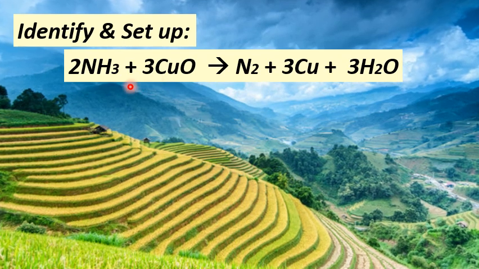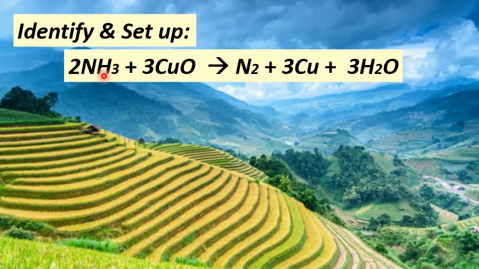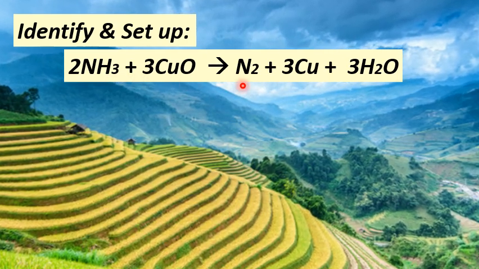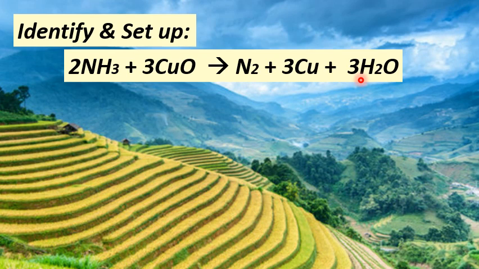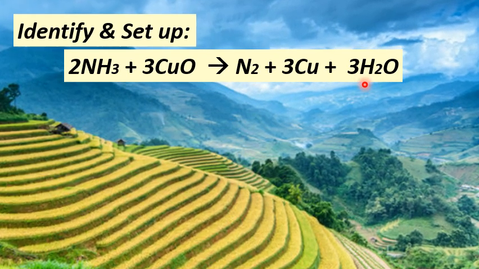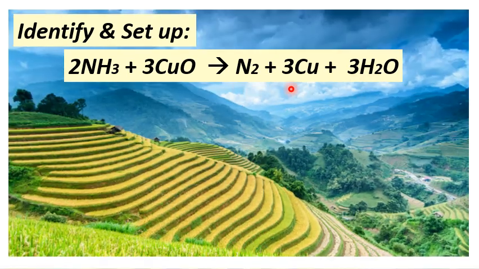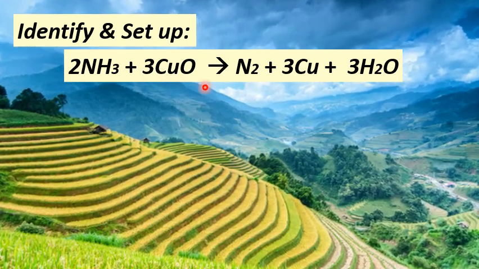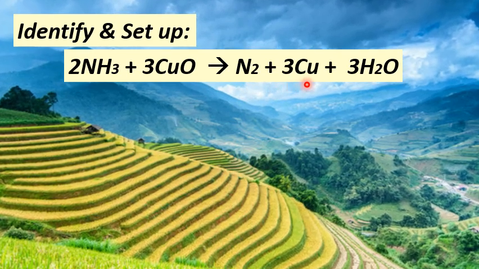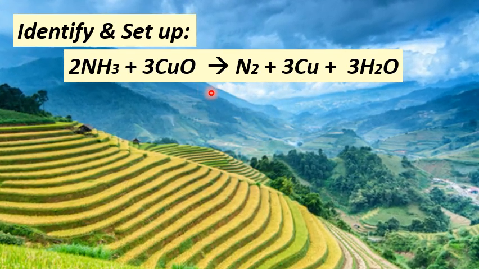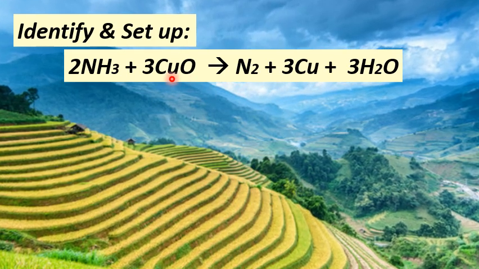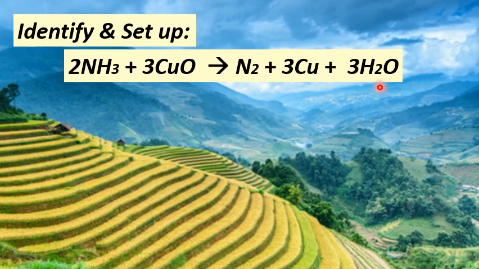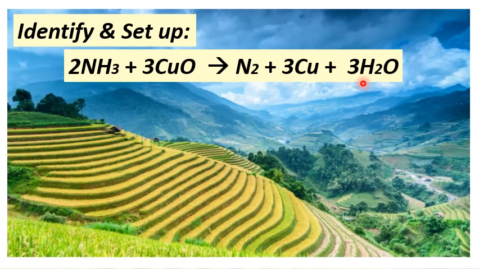Now, for hydrogen, there are 6 hydrogen atoms on the left side and 6 hydrogen atoms as well on the right side. Now, for copper, there are 3 on both sides. And lastly, there are also 3 oxygen atoms on the reactant side, and that's true also for the number of oxygen atoms on the product side.